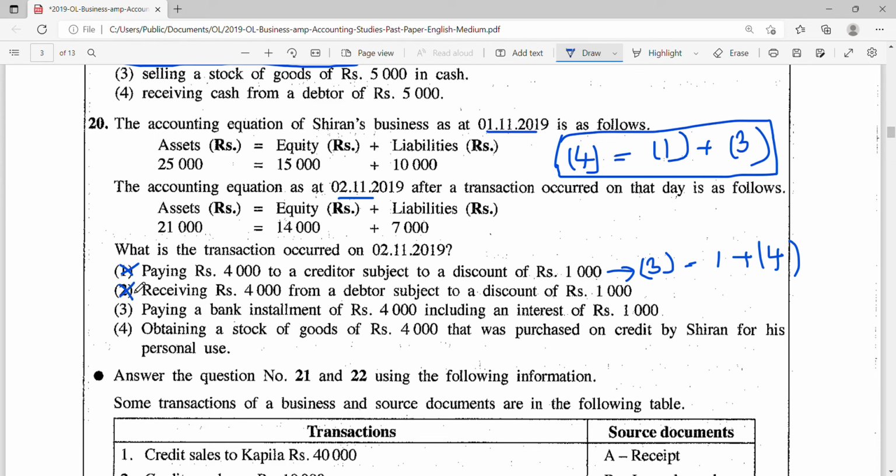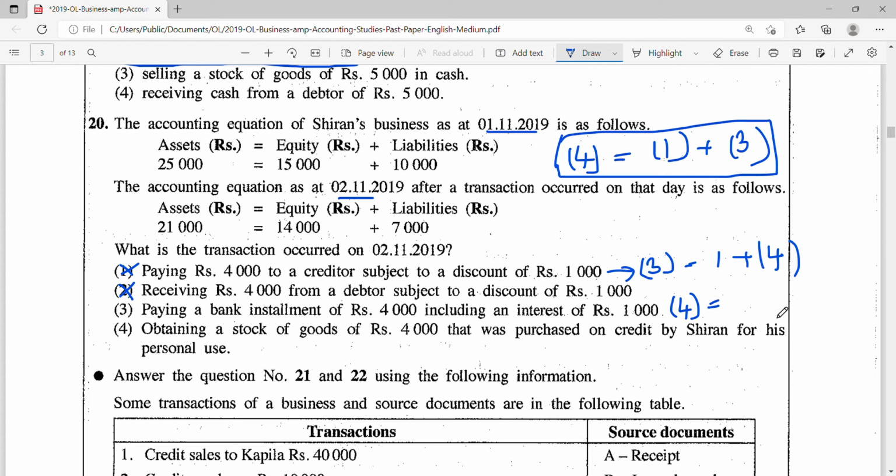Third one, paying a bank installment of rupees 4,000 including an interest of rupees 1,000. Now here, when you paid the bank installment you would have paid in cash, so 4,000 is an outflow. Out of this, capital is 3,000 and interest is 1,000.